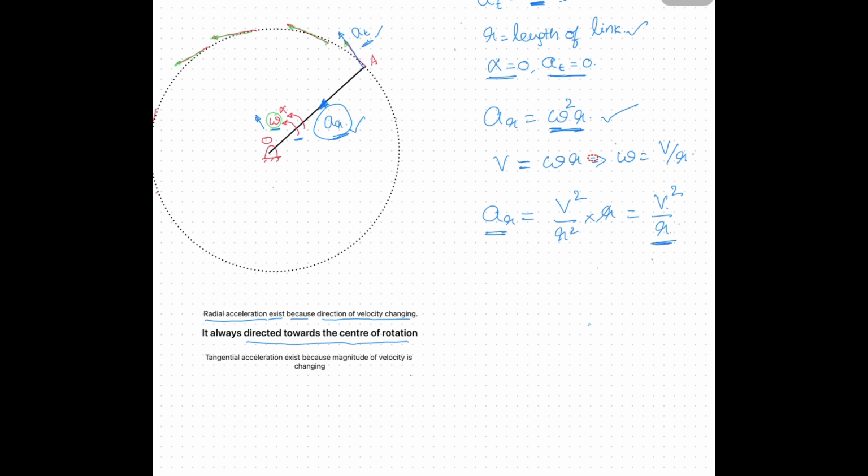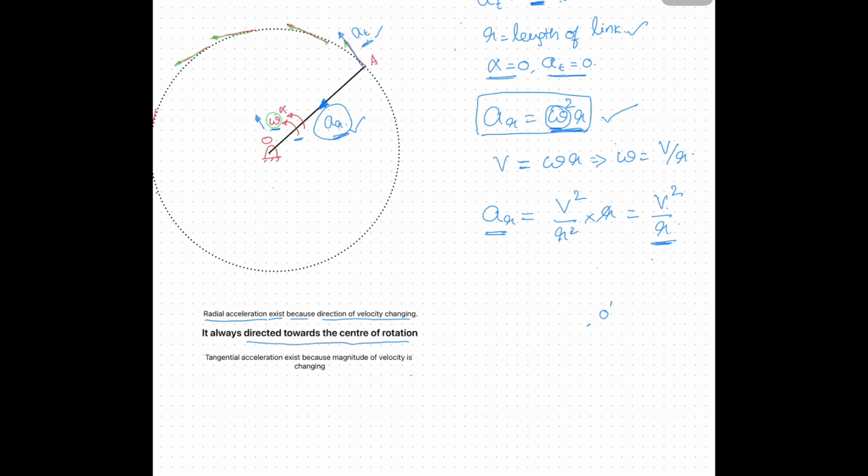First, start with a random point O dash. First, calculate the magnitude of the radial component, because omega will be known to us. From that, we can calculate AR equal to omega square into r.